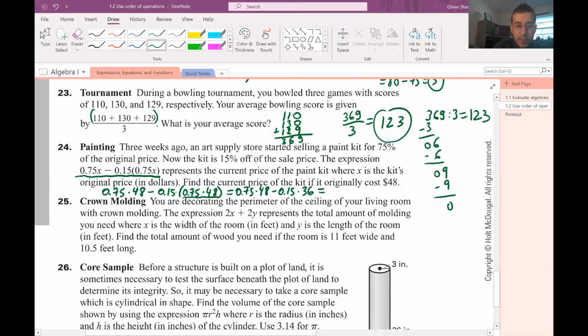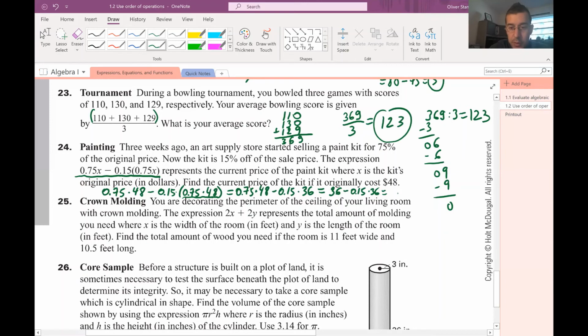Now we have multiplication, subtraction, multiplication. We do multiplication first. Let's do the first multiplication, which is 0.75 times 48, and that's 36 again. So we get 36 minus 0.15 times 36. Now we do the multiplication first. So we do 36 times 0.15, which is 5.4.